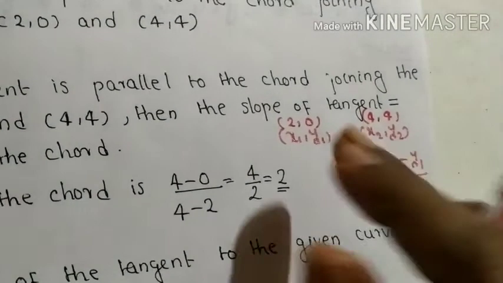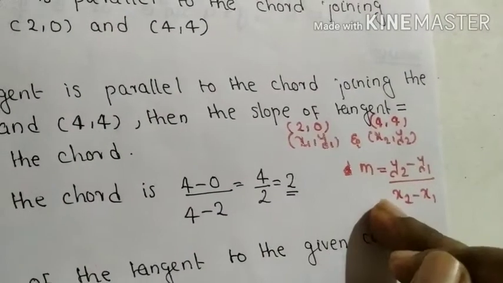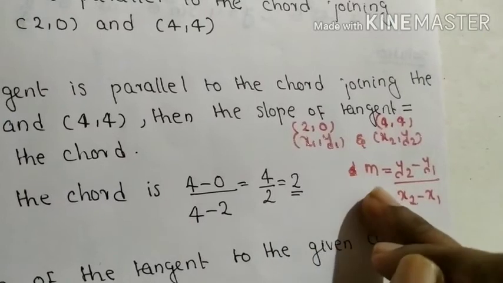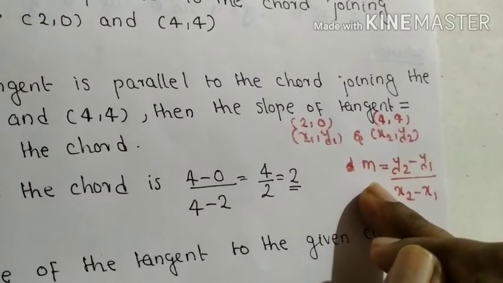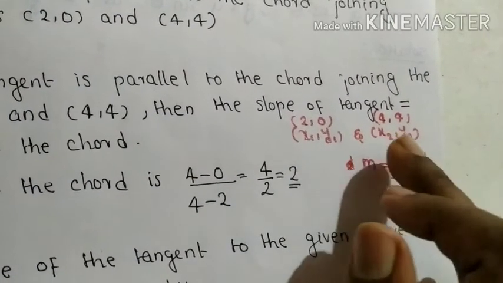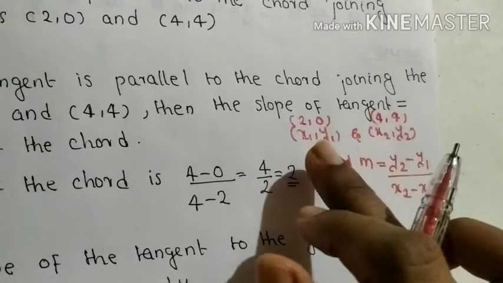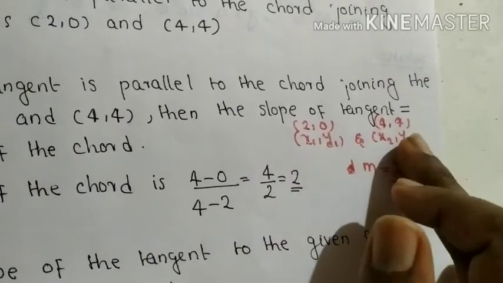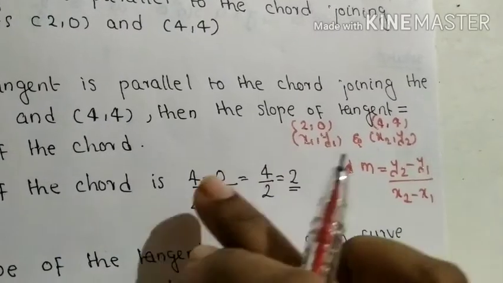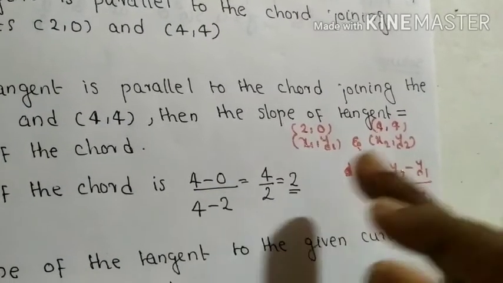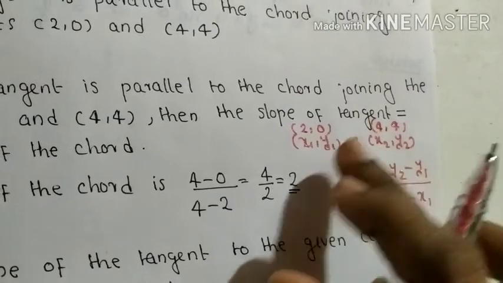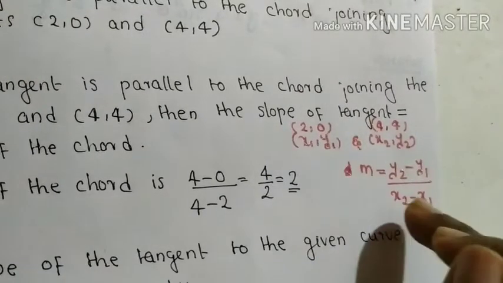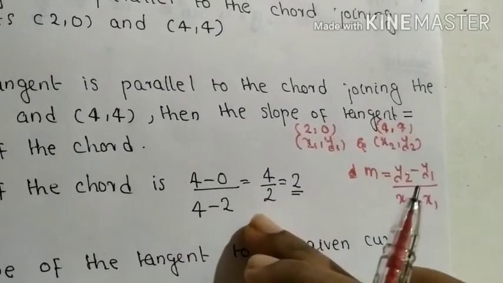Substituting these values into this equation, we get the slope of the chord: y2 is 4 and y1 is 0, so 4 minus 0 in the numerator. Here x2 is 4 and x1 is 2, so x2 minus x1 means 4 minus 2.